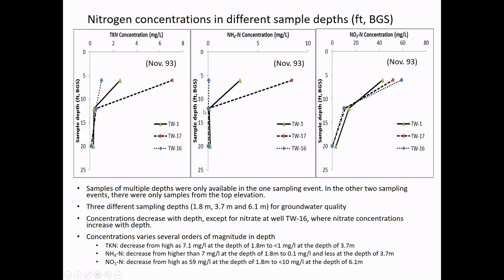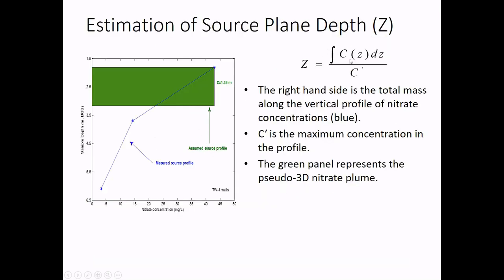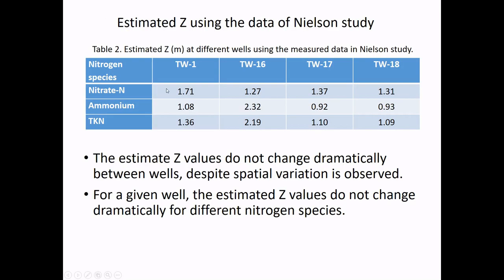So we have the measurement of concentration over depths, and then we can use this formula to estimate a Z value. Essentially, we do integration and divide by C prime. C prime is the maximum concentration at the shallowest sampling location, and then we get a Z value. So here's a table. We have 4 wells and 3 species of nitrogen, and for each well and each species, we can estimate the Z value.